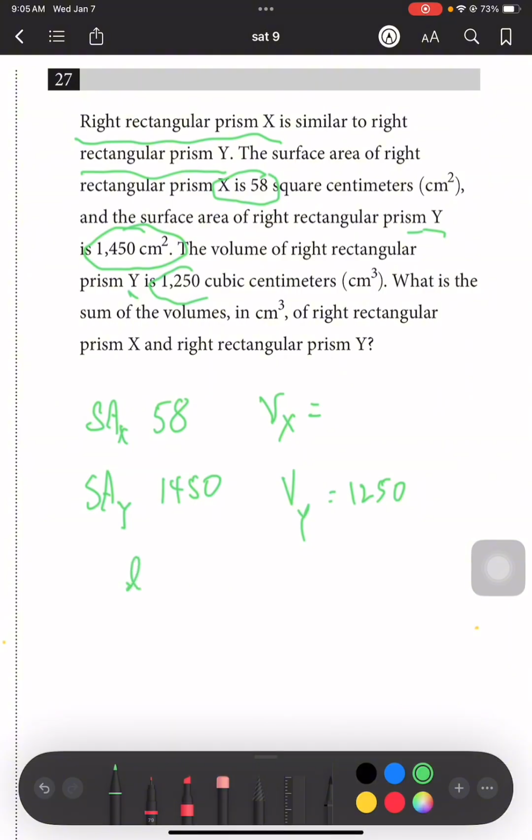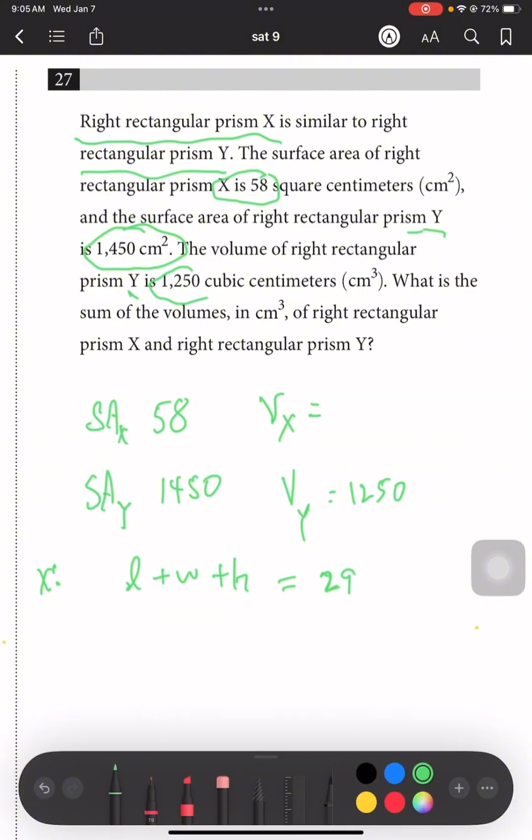We're going to work on prism x. It's equal to 29. Half of 58, because surface area has 6 sides.